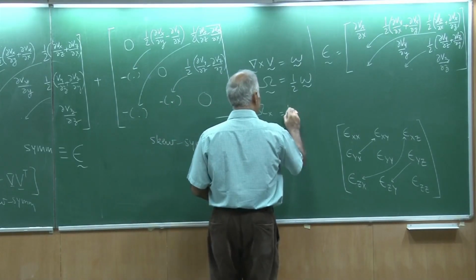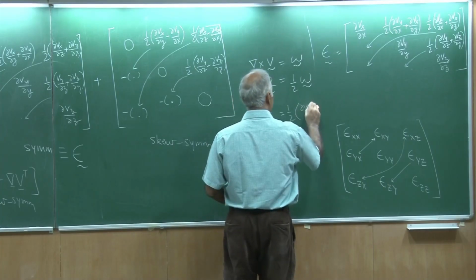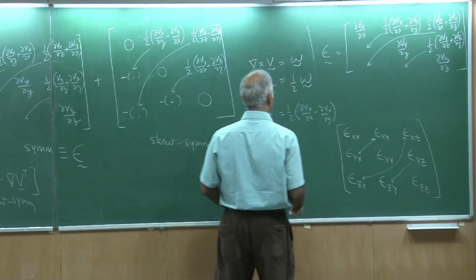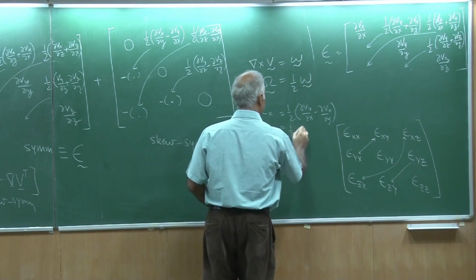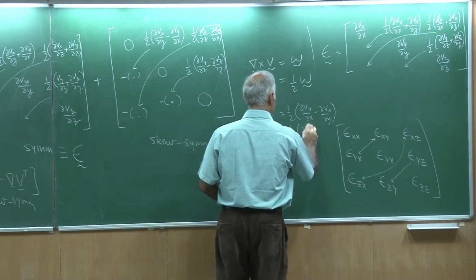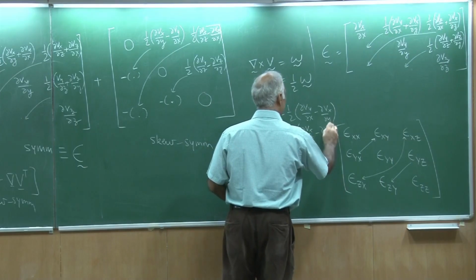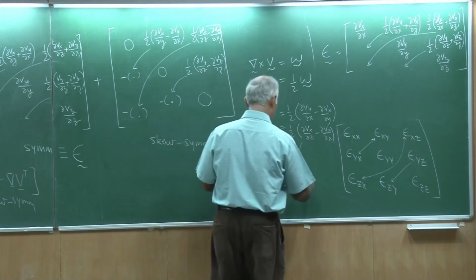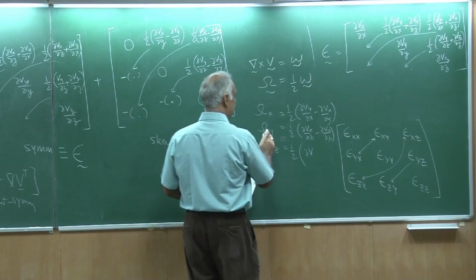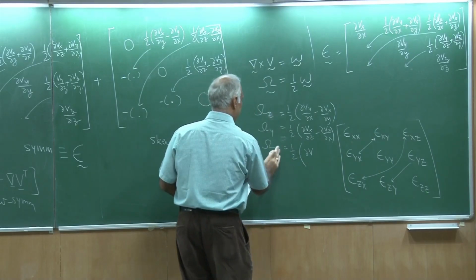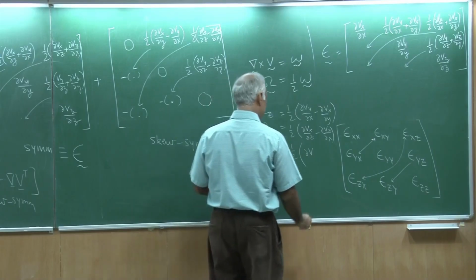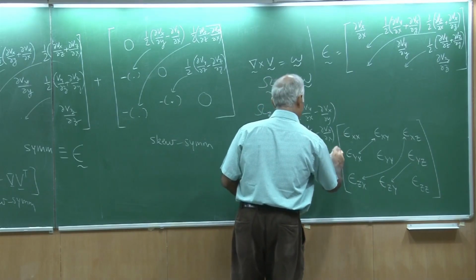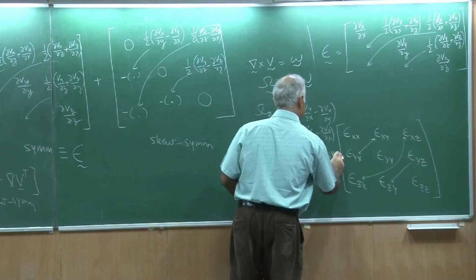So, my omega x is half of del Vy by del x minus del Vx by del y. This is half of del Vx by del z minus del Vz by del x, and this one is omega z, and I could now write omega x here. So, this is del Vz by del y minus del Vy by del z.